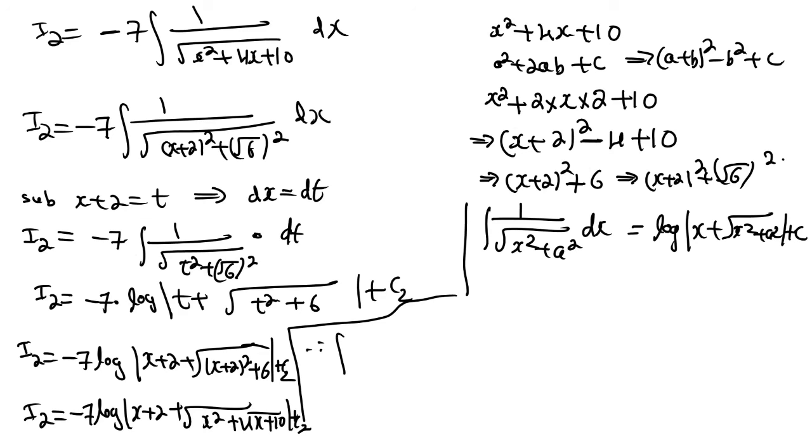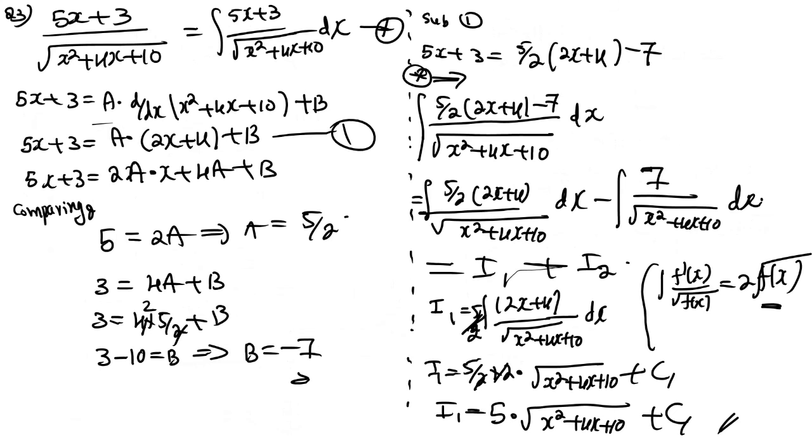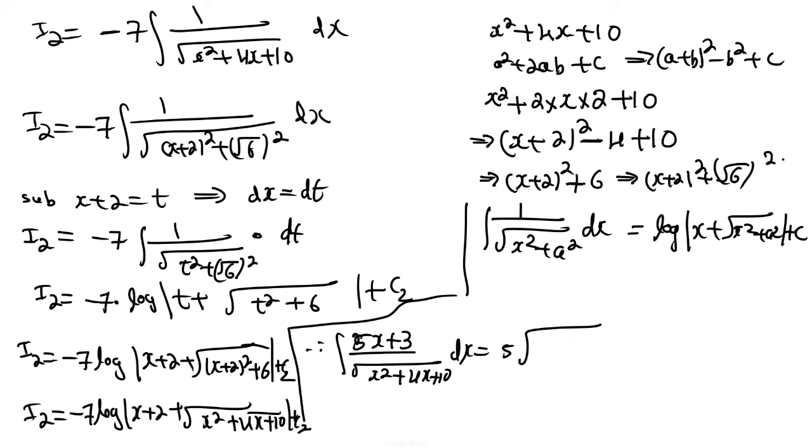Therefore, combining, integration of 5x plus 3 divided by square root of x square plus 4x plus 10 into dx is equal to the I1 value we calculated, 5 into square root of x square plus 4x plus 10 (c1 is there, later we will add that), plus I2 value, minus 7 into log of mod x plus 2 plus square root of x square plus 4x plus 10, plus integration constant c.